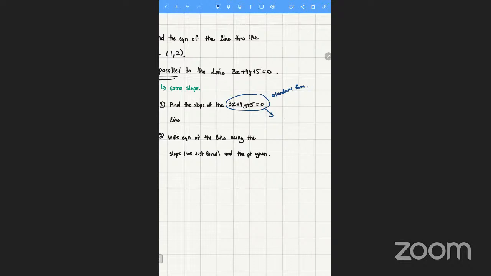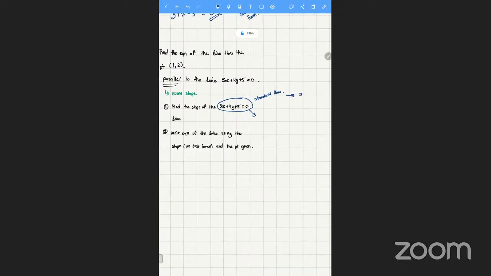Okay, so basically from standard form to slope-intercept form, you want to isolate for y. What's your m?